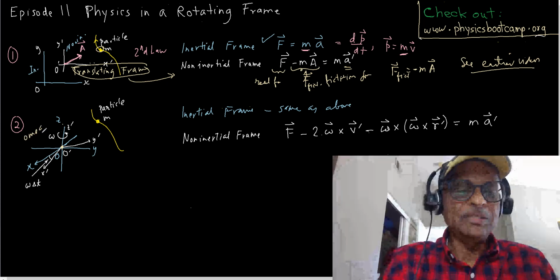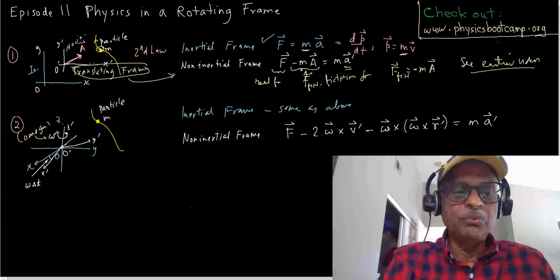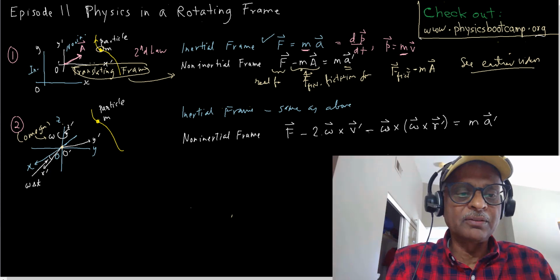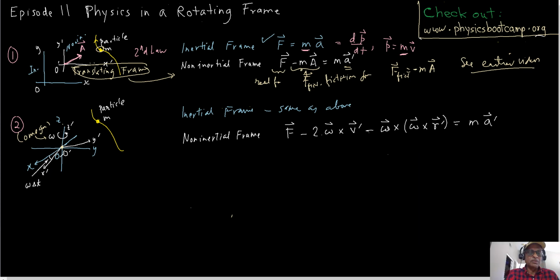So for instance, this x prime, y prime, z prime frame would have rotated in time delta t by this angle, delta theta. When we work it out, the answer will look something like this.